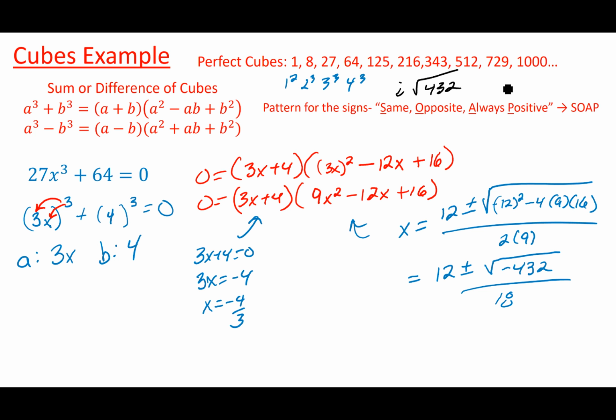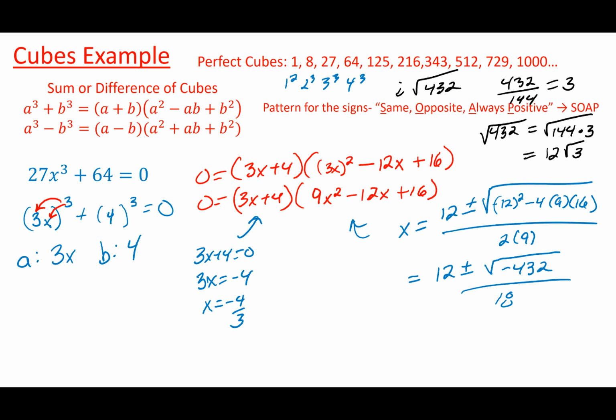We can actually do 432 divided by 144. 144 is 12 squared. That equals 3. So 432, I could also write as the square root of 144 times 3. And so the square root of 144 is 12, times root 3.